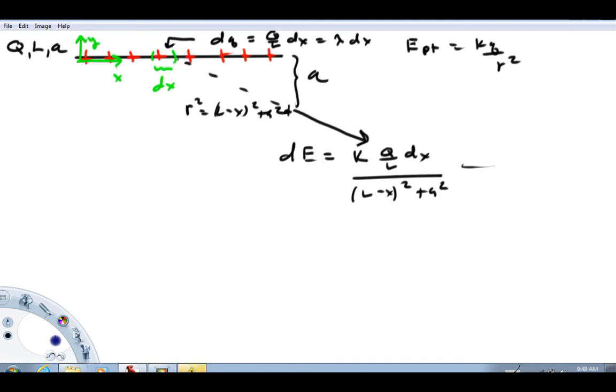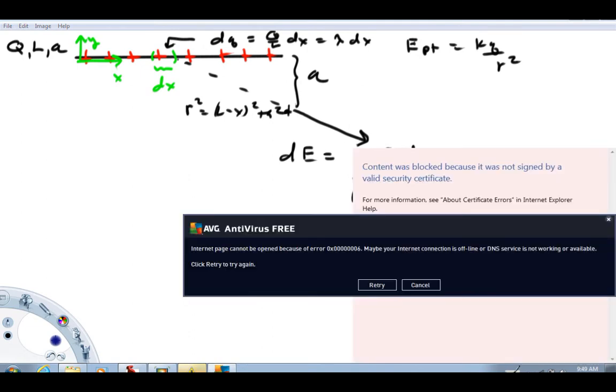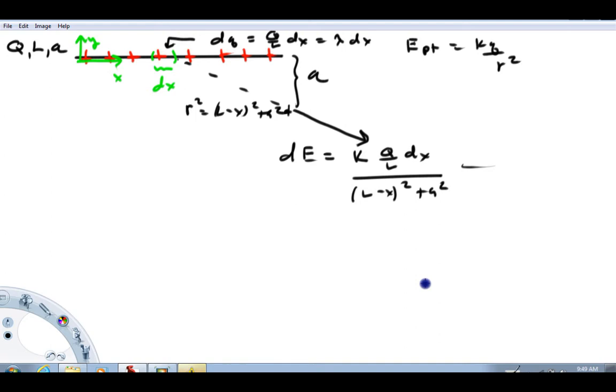When you're dealing with vector quantities, you cannot just add magnitudes. The only time you could just add magnitudes is if all the electric fields are in the same direction. But here they're not. The electric field vector is going to change in direction as our point moves from left to right. So we need to add vectors the way we always add vectors, and that's by adding components.